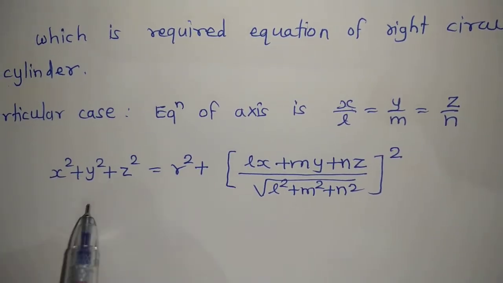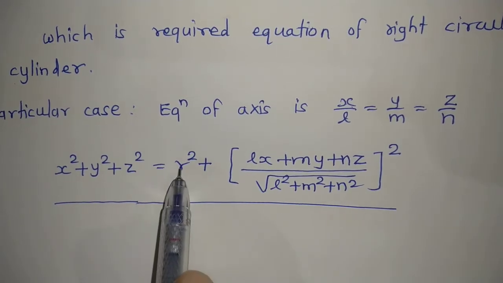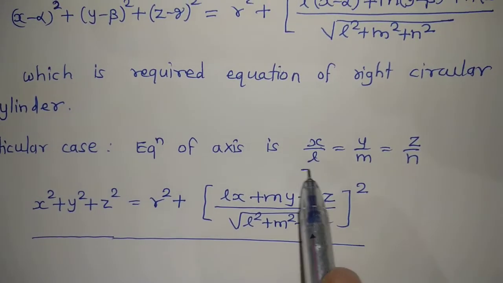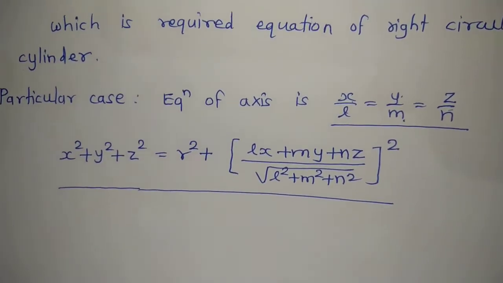This is the equation of the right circular cylinder whose radius is r and axis is the line x/L = y/M = z/N.